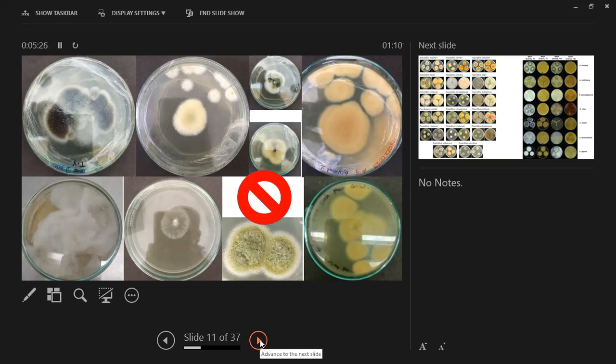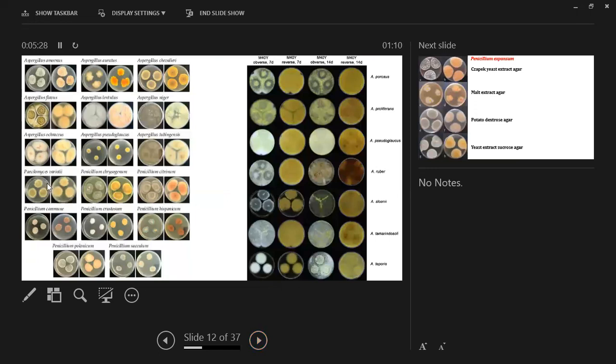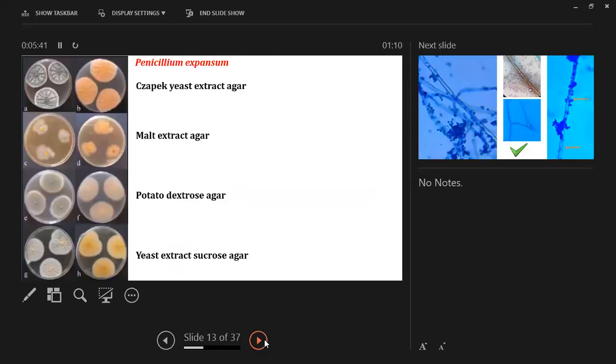So nothing should be obstructing the picture, because each and every fungi will have their unique macromorphology in the front picture and also in the reverse picture in a specified media. If you change the media, obviously you can expect the morphology to differ. Here is an example. See, Penicillium expansum grows differently in different media. The morphological character of the front and reverse picture will be changed.